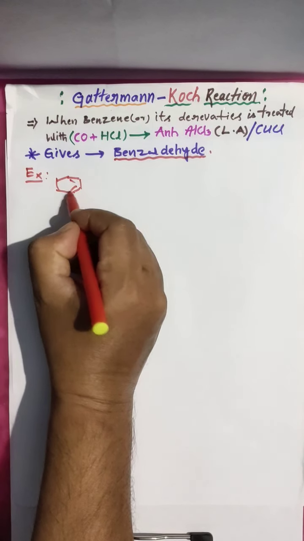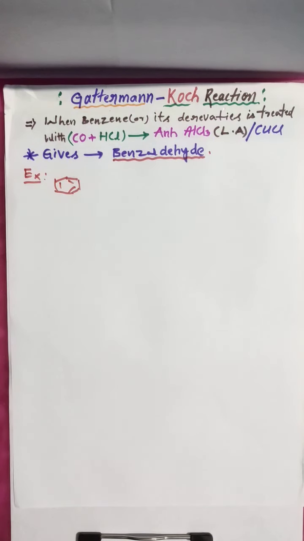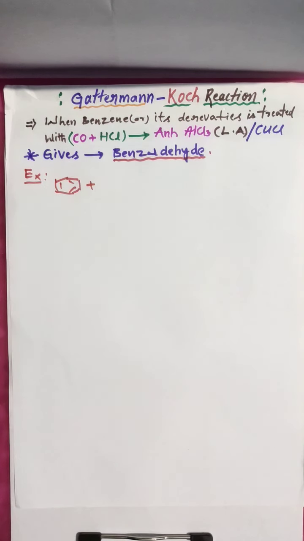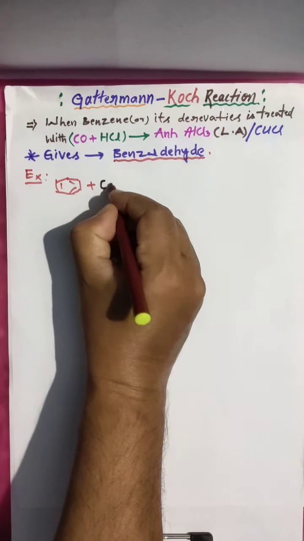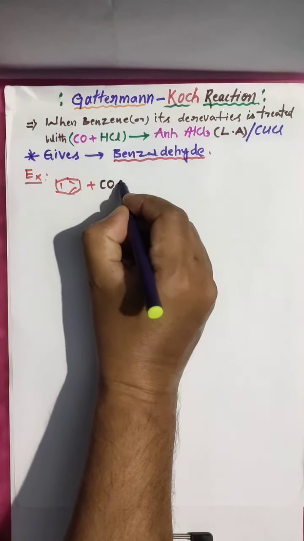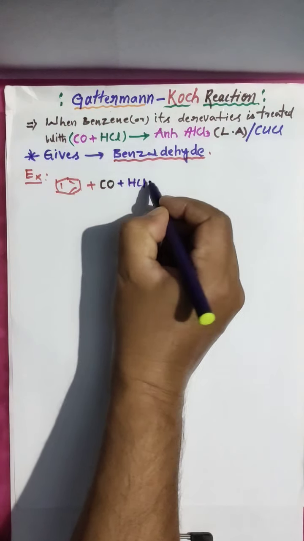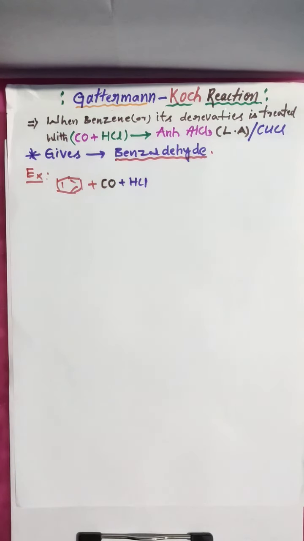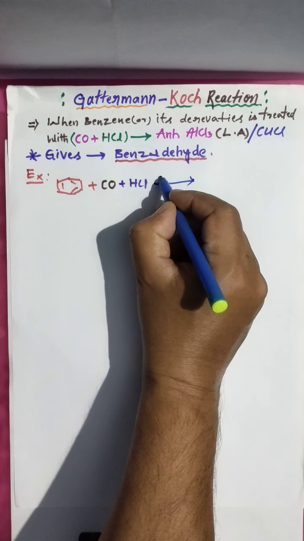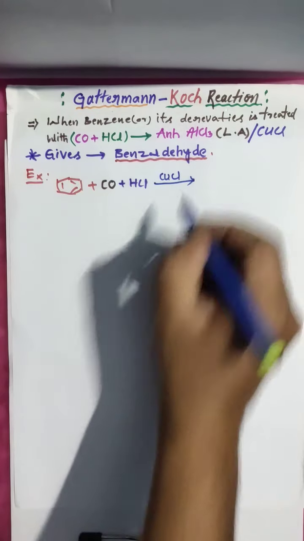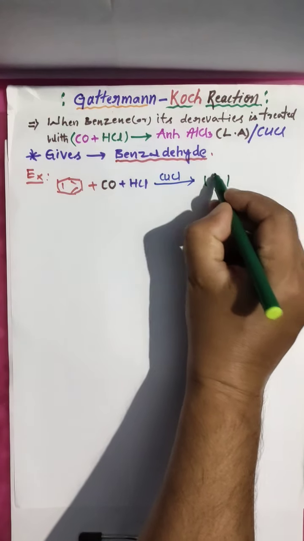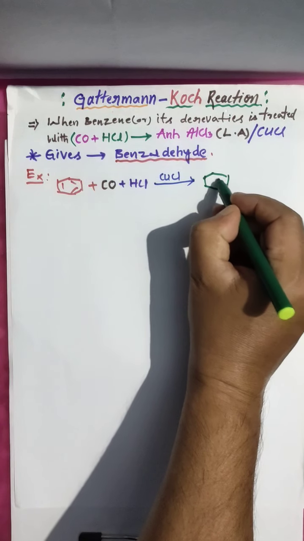Benzene, an aromatic system, we have to add carbon monoxide. It is a reducing agent, you know very well, with HCl in the presence of anhydrous AlCl3 or CuCl. Any one you can use. You are getting benzaldehyde.